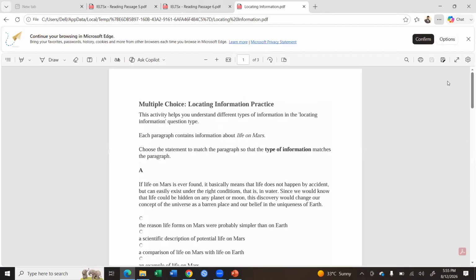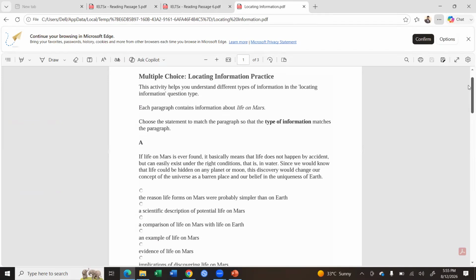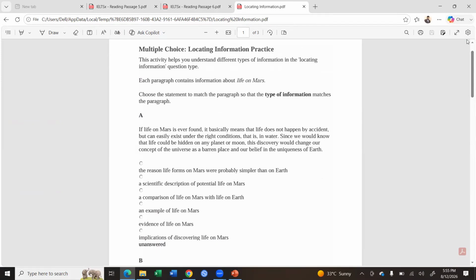Now, here it is. We have multiple options, right? Locating information. Now, each paragraph contains information about life on Mars, right? Choose the statement to match the paragraph so that the type of information matches the paragraph.